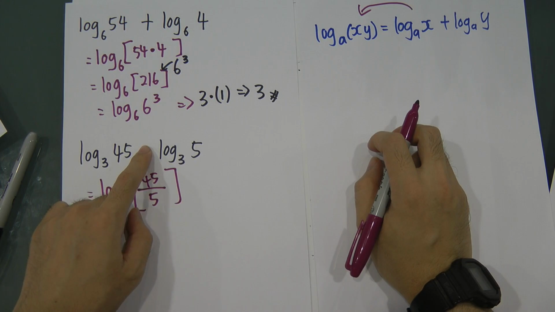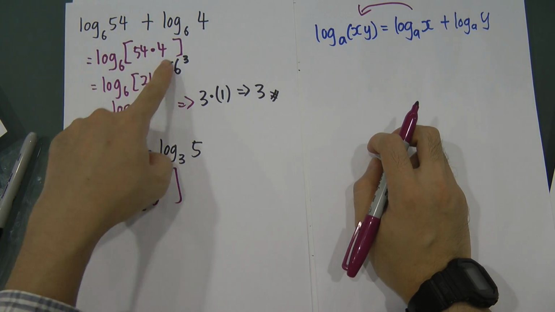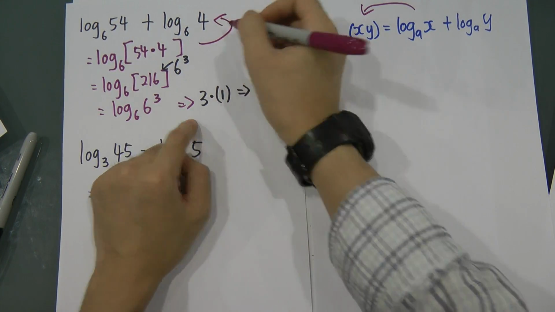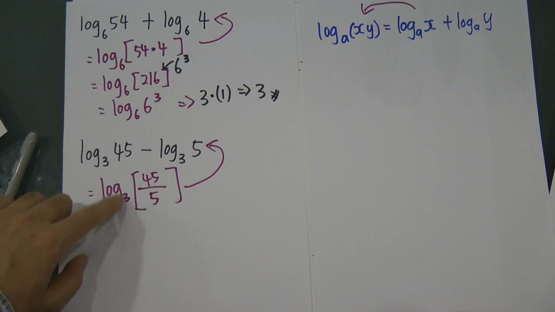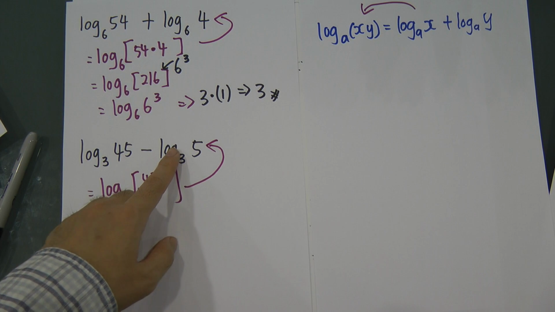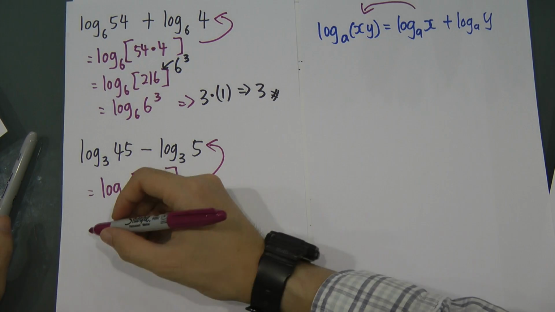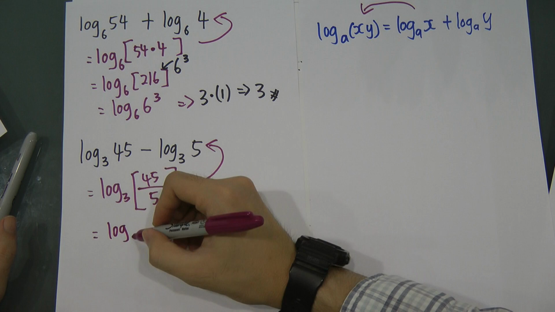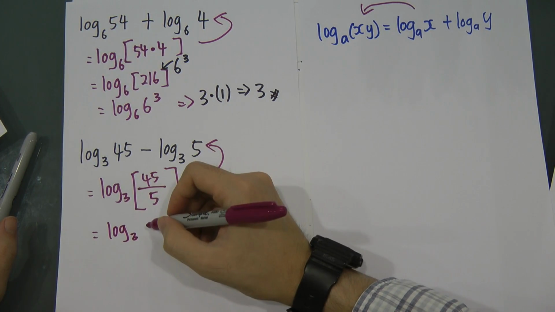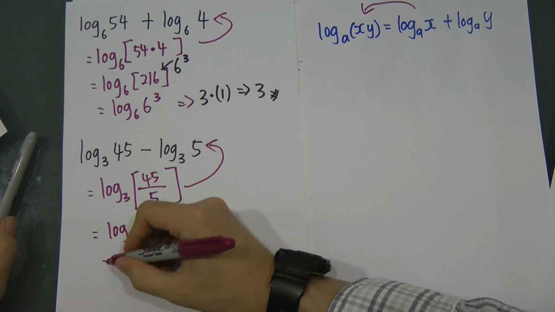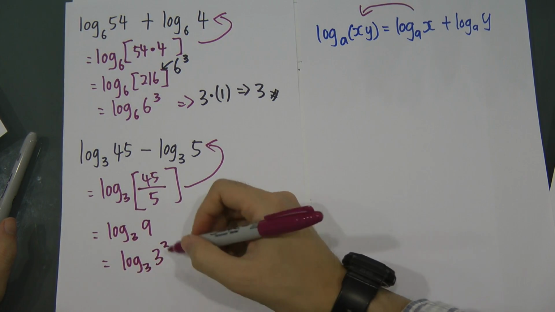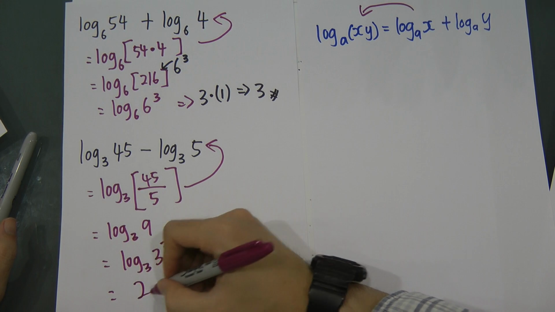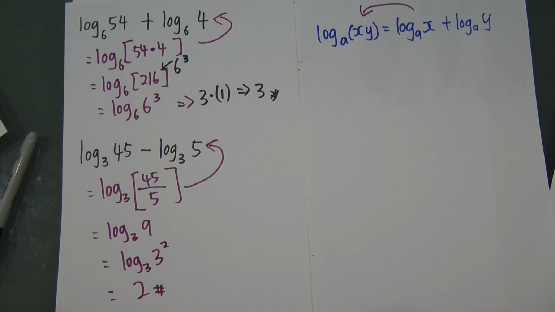Divide becomes minus, multiply becomes plus, isn't it? So this one can reverse back to this one. So you should always check whether you factorized correctly or not. If you expand this one, can you get back this one? Alright, so this one is simple because 45 divided by 5, we get 9, and of course I know 9 equals 3 squared because it's base 3. So the 2 I can move in front, this one will become 2. Simple? I hope you can understand this one.